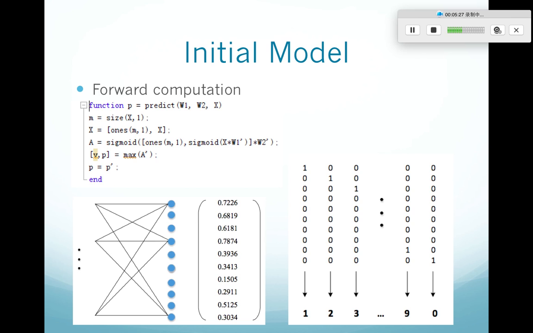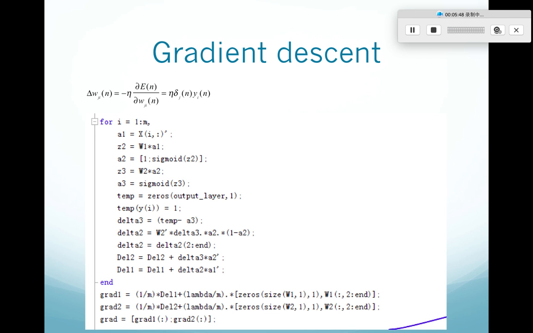And the left and the right picture is just how we can present our desired output in the mathematical form. And the above picture is what I used in MATLAB.